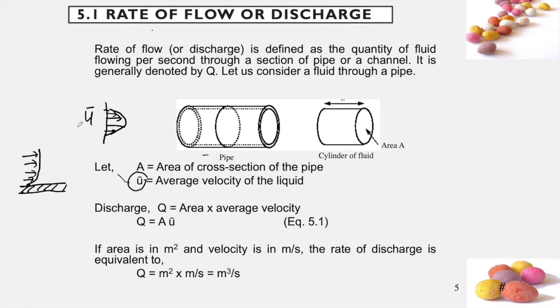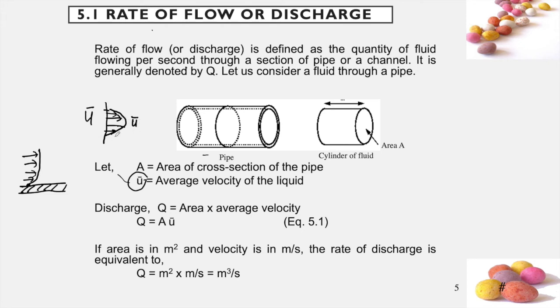So how does this relate to velocity? When we want to calculate the velocity of the flow, we have to use the average velocity. We cannot find U for every layer. Therefore, if you want to find the mass flow rate or the discharge rate, you have to use U bar, the average velocity.